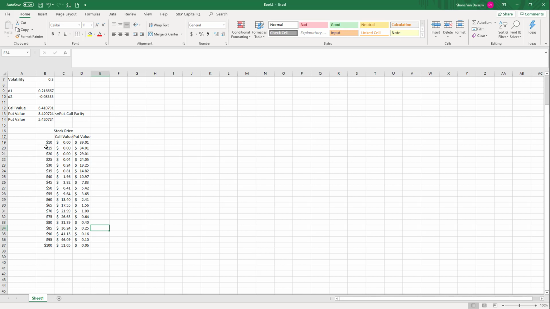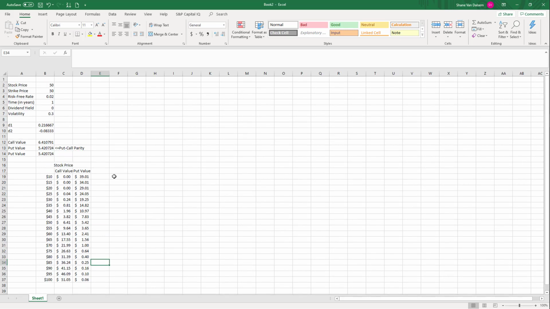There is no value to the call until the stock price gets up to $25 a share. Likewise, the put value never goes to 0, but it gets pretty darn close. We're starting off with a $100 value for the stock price, and the strike price is $50, meaning that this stock will have to go down in value by $50 in order to start having any value for the put investor.